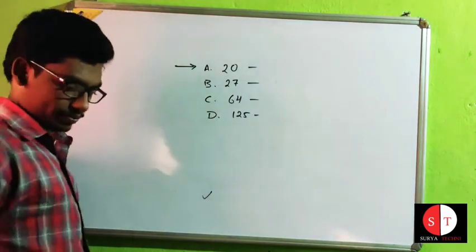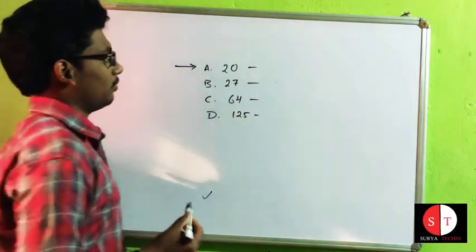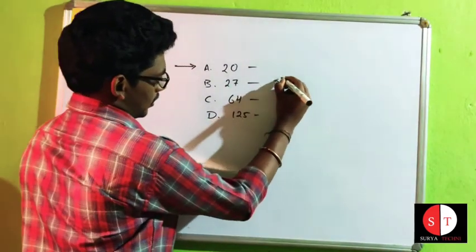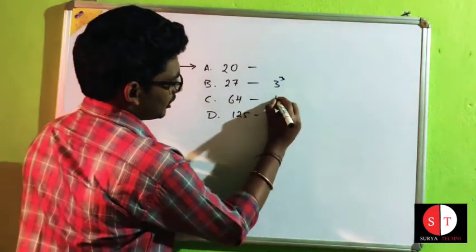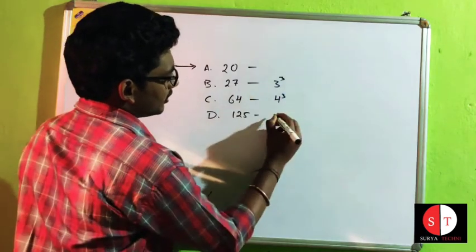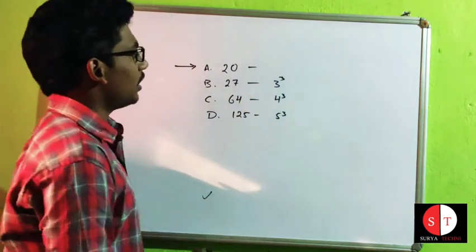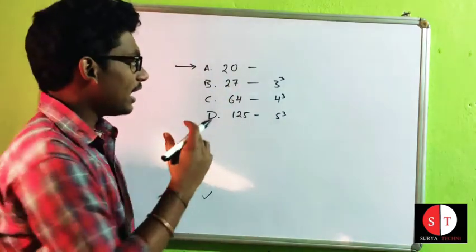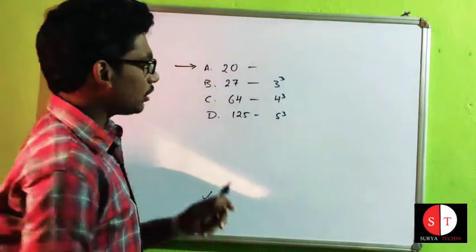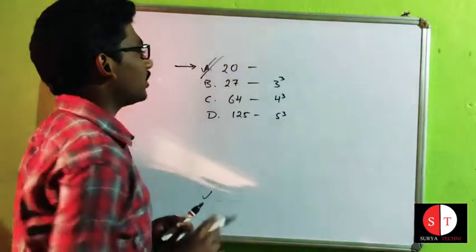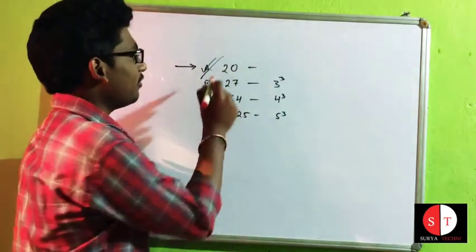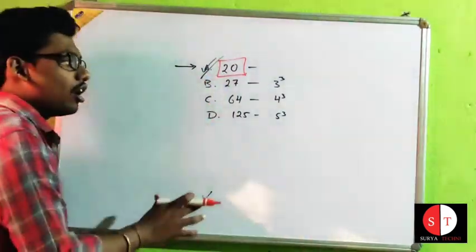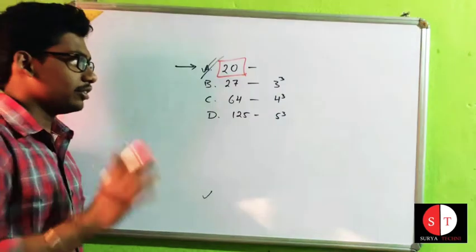Which is the odd one? Obviously option A. This is 3 cube, this is 4 cube, this is 5 cube. This 20 is not any cube, so option A is different. That is the odd one. This is how this type of classification works.